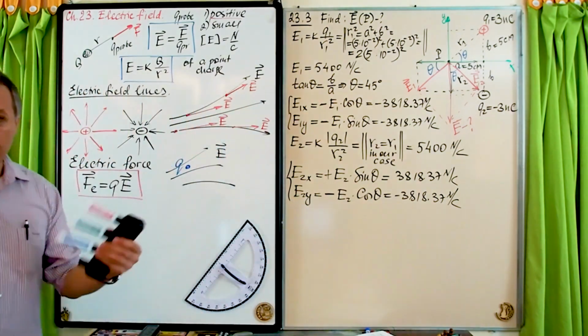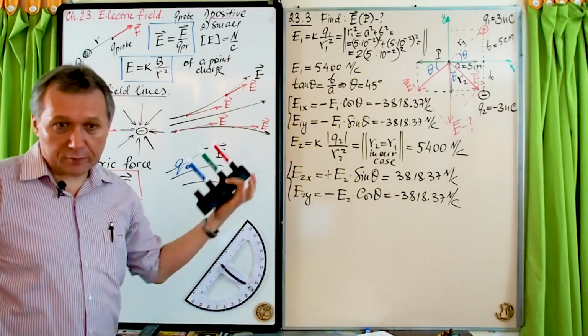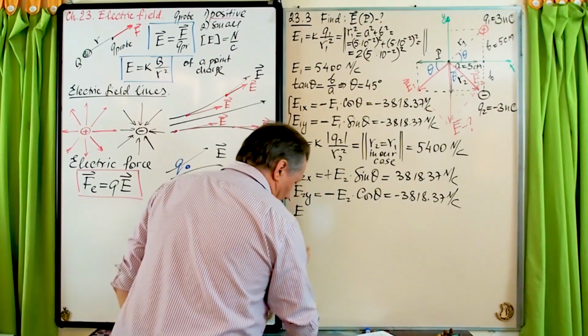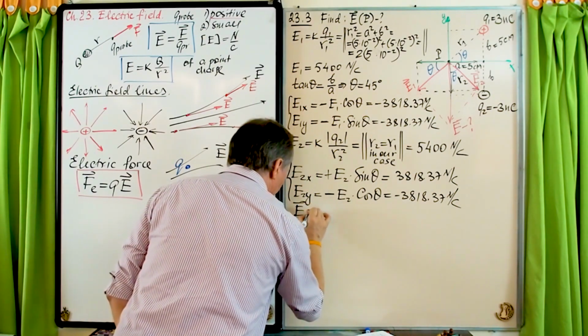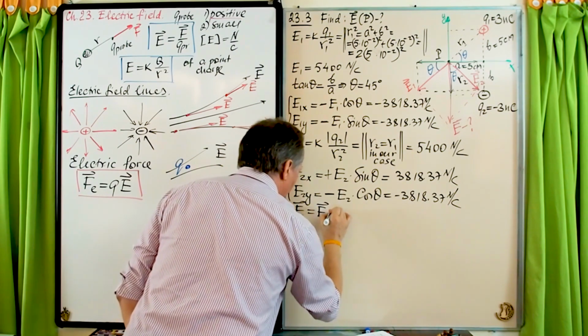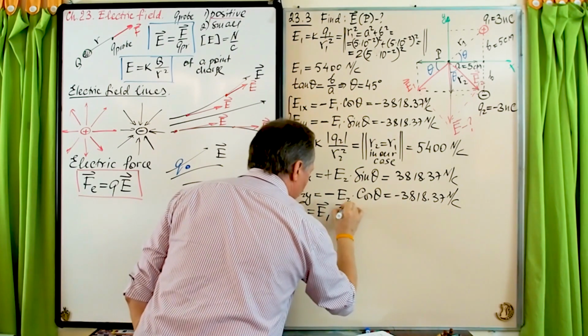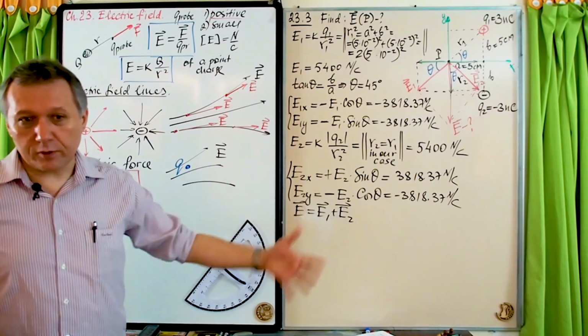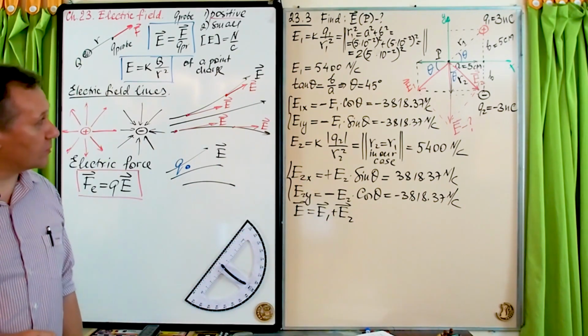And now we just need to add them up. Principle of superposition. So now E equals E1 plus E2. Powerful principle of superposition. It's in vector form, but we need to add corresponding components.